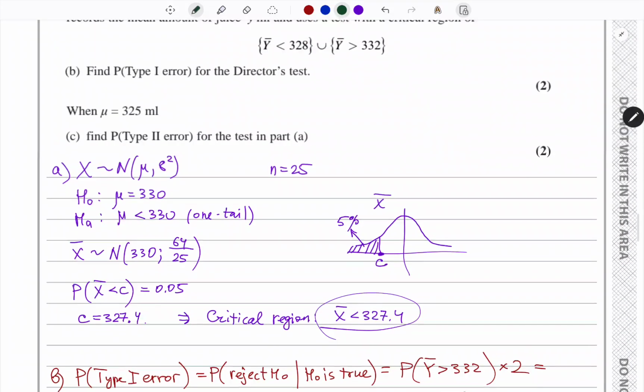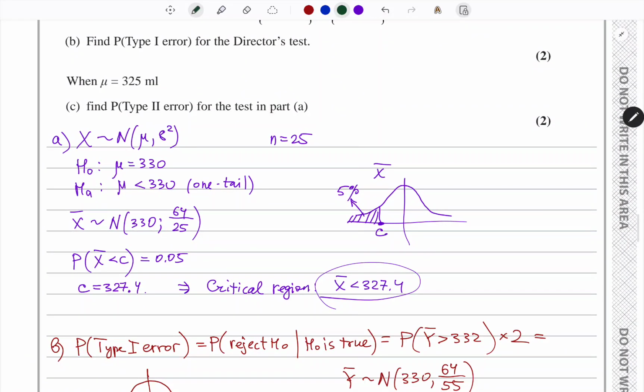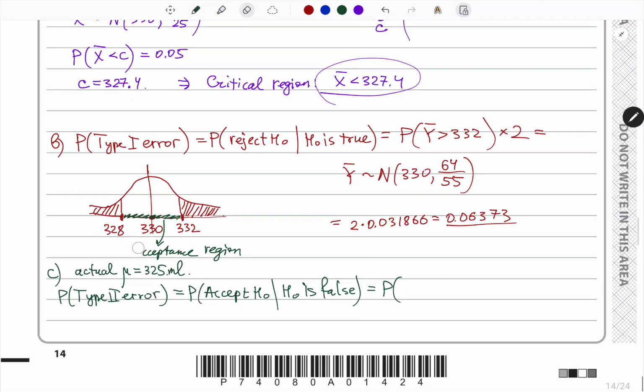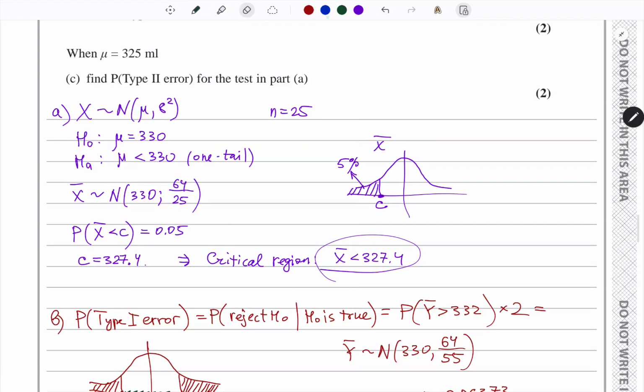But by the way, they are asking for the type 2 error in the test in part A. Oh my God, I was so close to make a mistake. So it's not an acceptance region we are interested in. Let's go back. This is an acceptance region we're interested in, and this is rejection region or critical region.